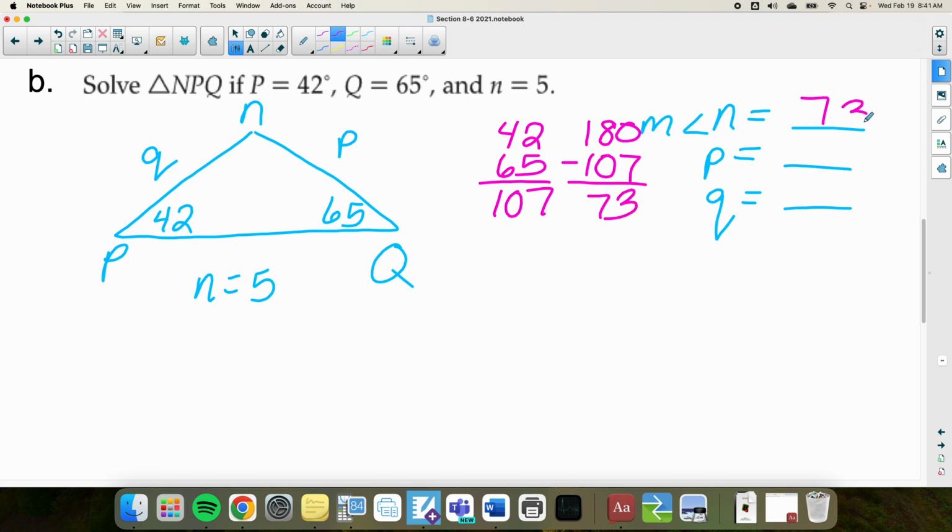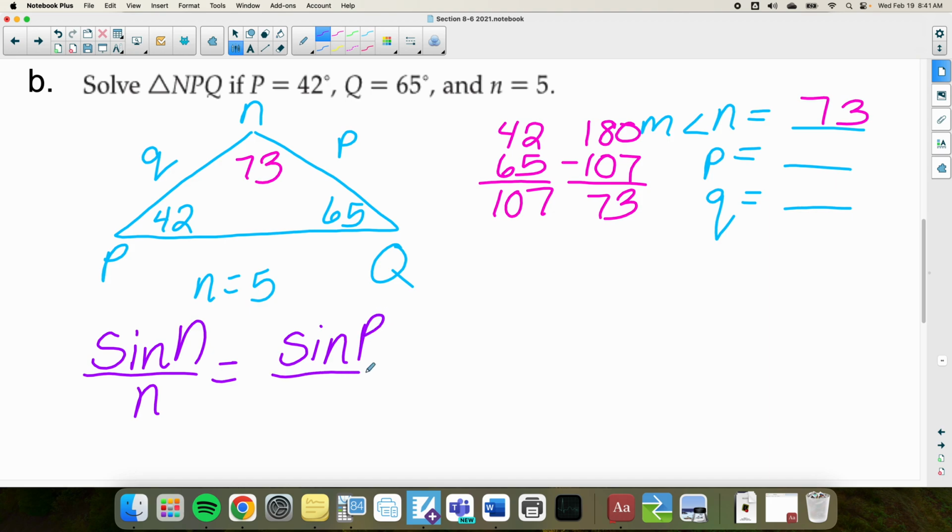That is my angle N. Okay. And now, just so you guys see it's not any different, now I know angle N and little n. So I would go sine of N over little n equals, and let's say we're looking for little p, it would be sine of P over little p. Is that confusing when it has different letters?